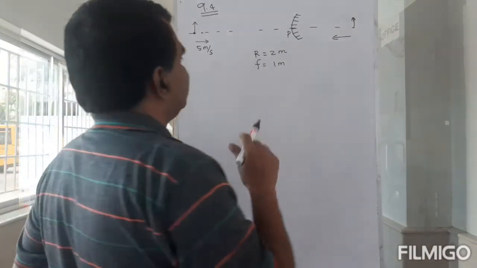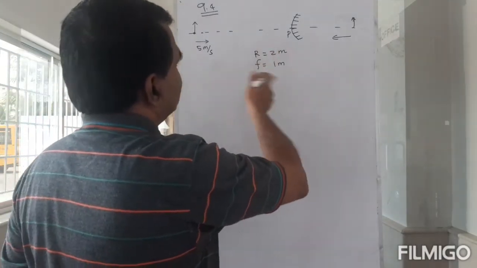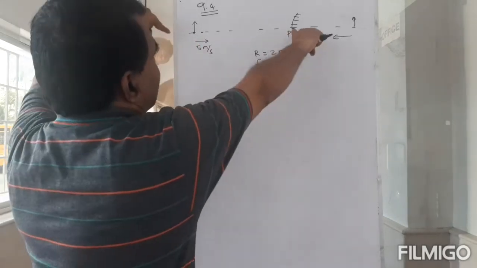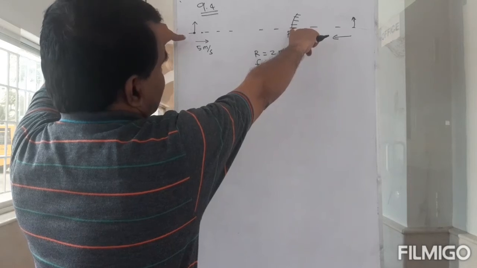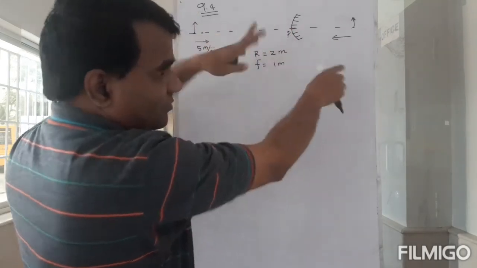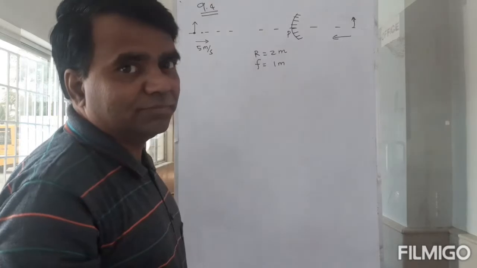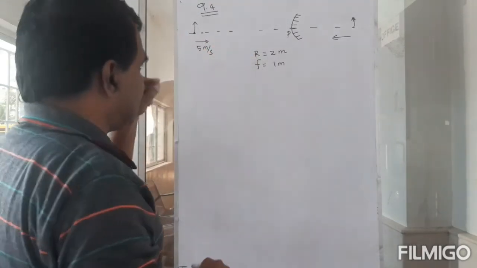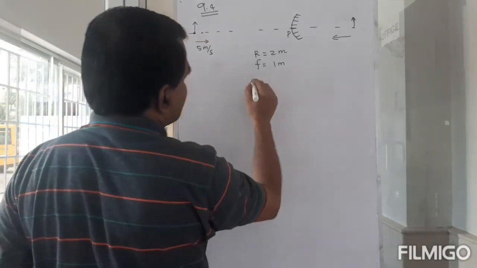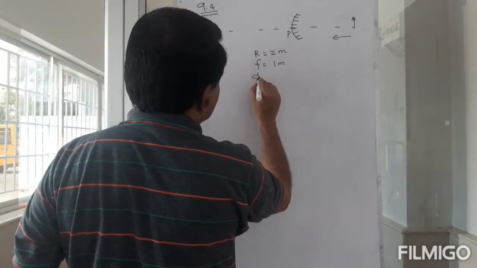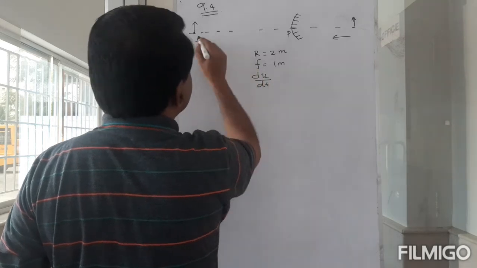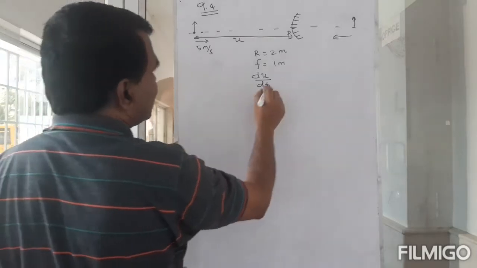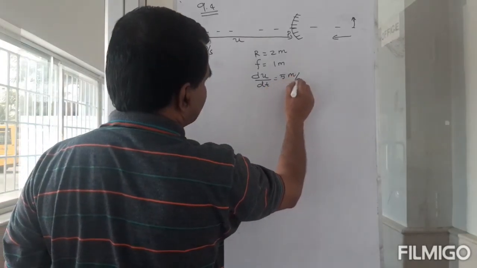Next, what do you want me to find? What is his speed? At any time, his distance is u: u1, u2, u3. But that u is changing with time. So his speed is du by dt. U is changing, and du by dt is 5 meters per second.